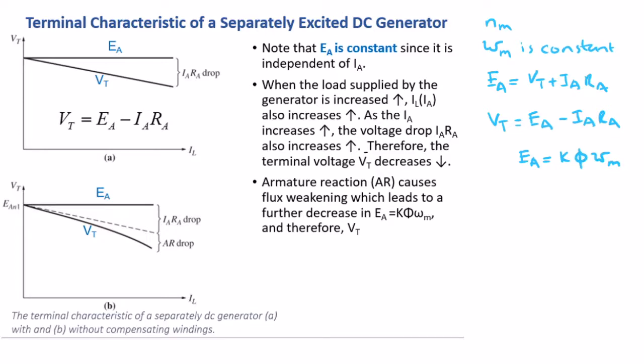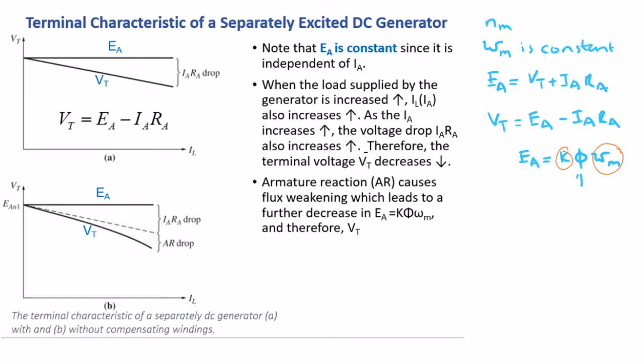We learned about this before, and we know that omega m is constant, K is also constant. How about pi, or the flux in the system?